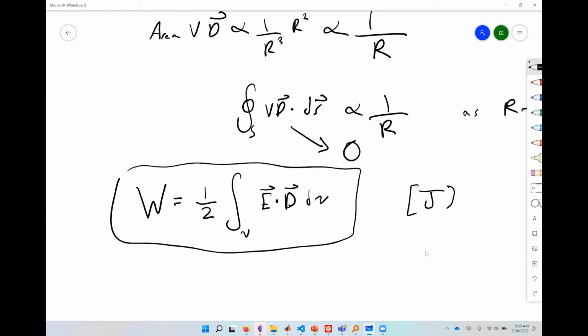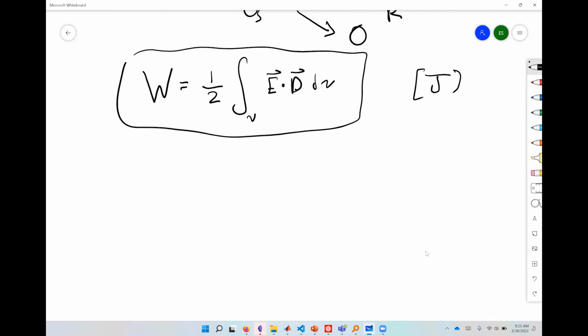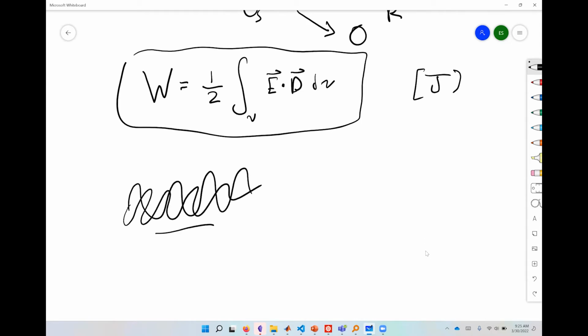For example, radio waves, television waves, radio transmissions. Regardless of the currents and charges that cause them, EM waves themselves propagating through space carry energy.